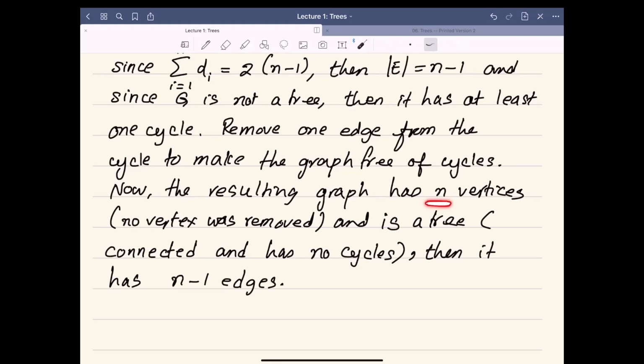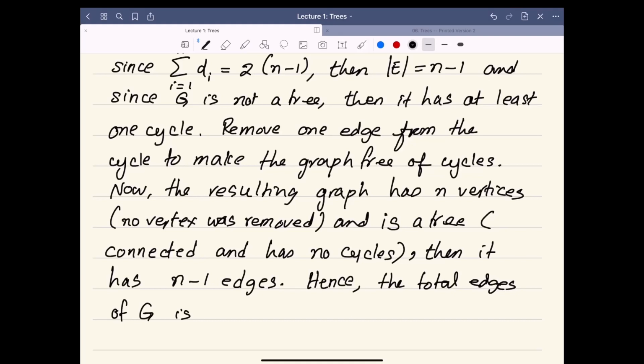It says n vertices, and since it is a tree, it has n minus 1 edges. Hence, the total edges of G is equal to, first we have n minus 1 for the resulting subgraph after we broke its cycle, plus 1 which is the edge that we have removed from the cycle, and this is equal to n, which is a contradiction.